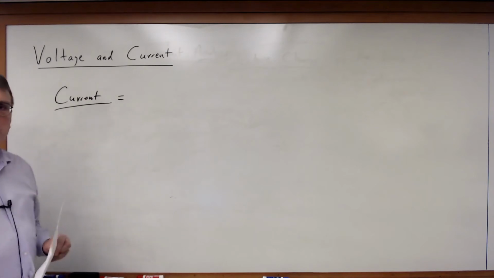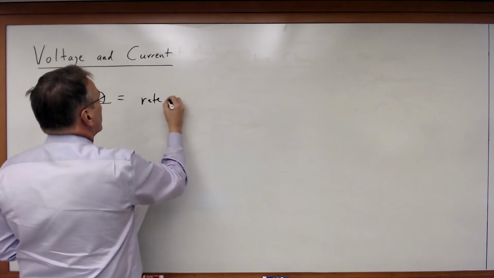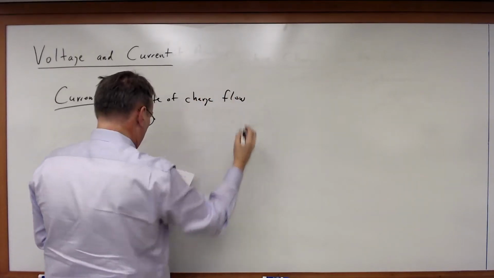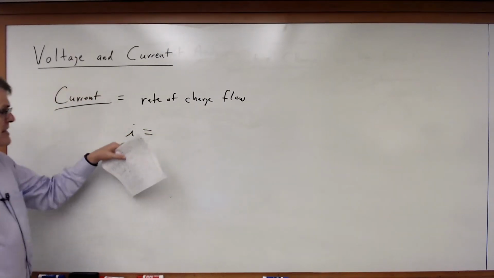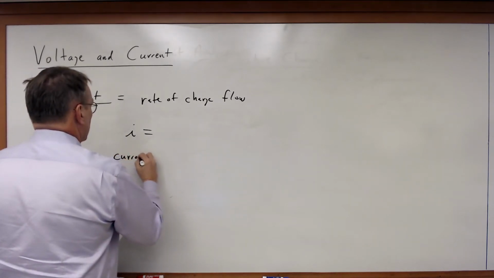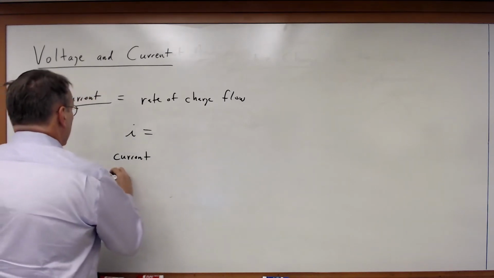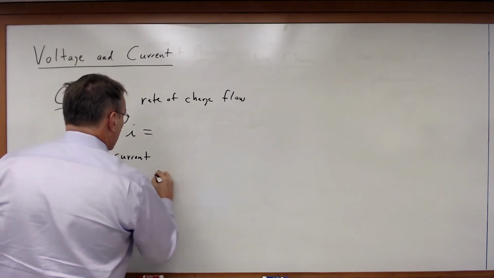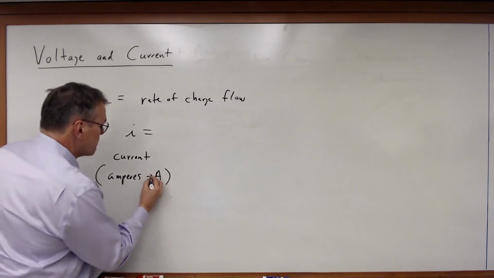By definition, current is the rate of charge flow. And we can mathematically describe that as I, where I is current, where current has units of amperes, or capital A, as we use as an abbreviation for amperes.